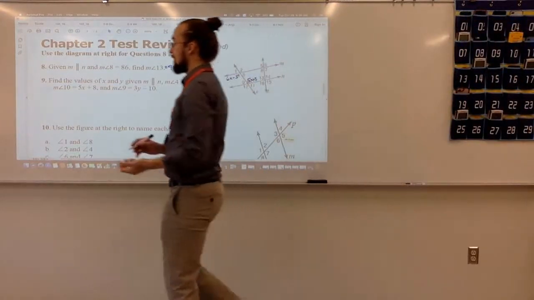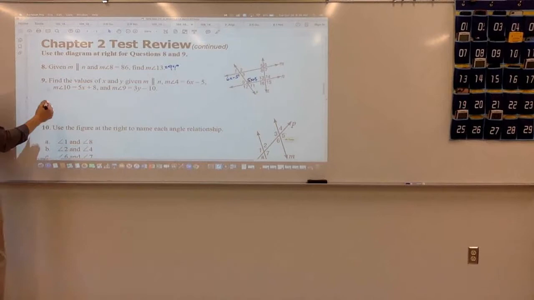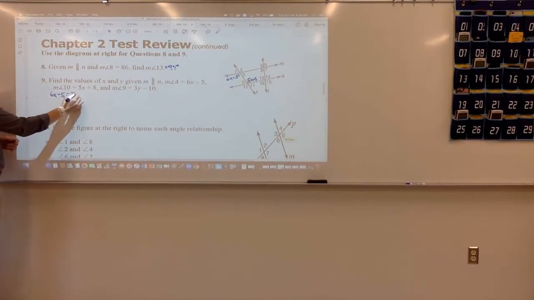So alternate interior angles are always equal to each other. So I can say 6x minus 5 equals 5x plus 8. So subtract 5x over, get x minus 5 equals 8. Add the 5 over, and we get x equals 13.